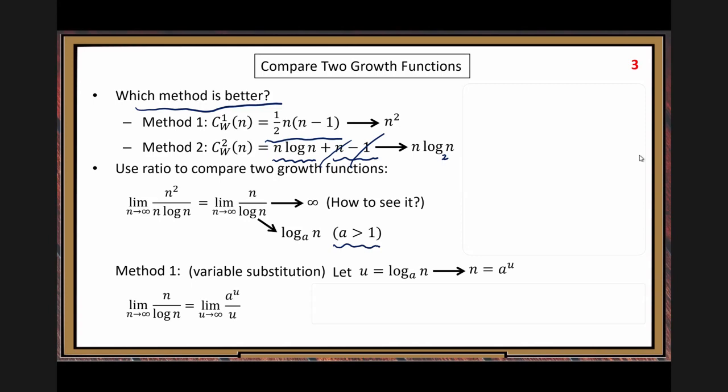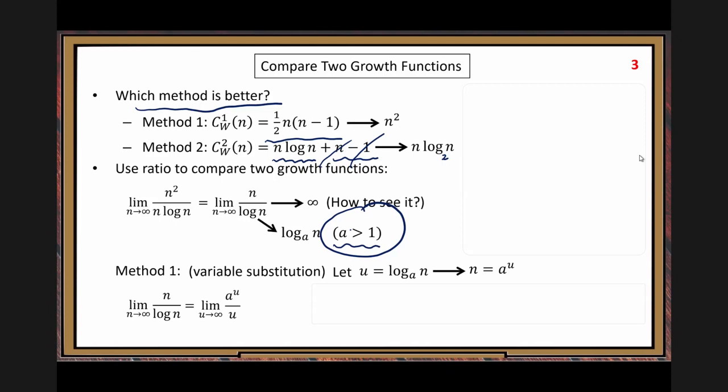The base greater than 1 is important. If less than 1, then it does not grow, it's decreasing.